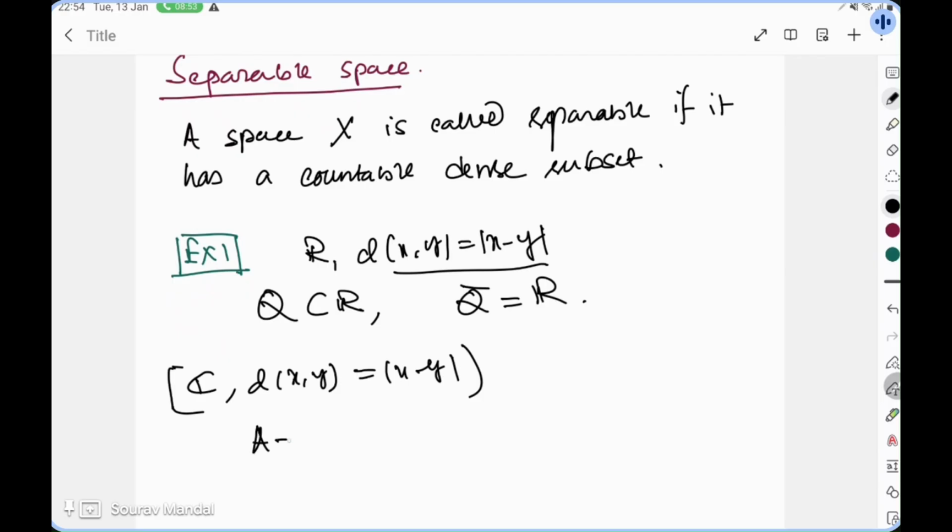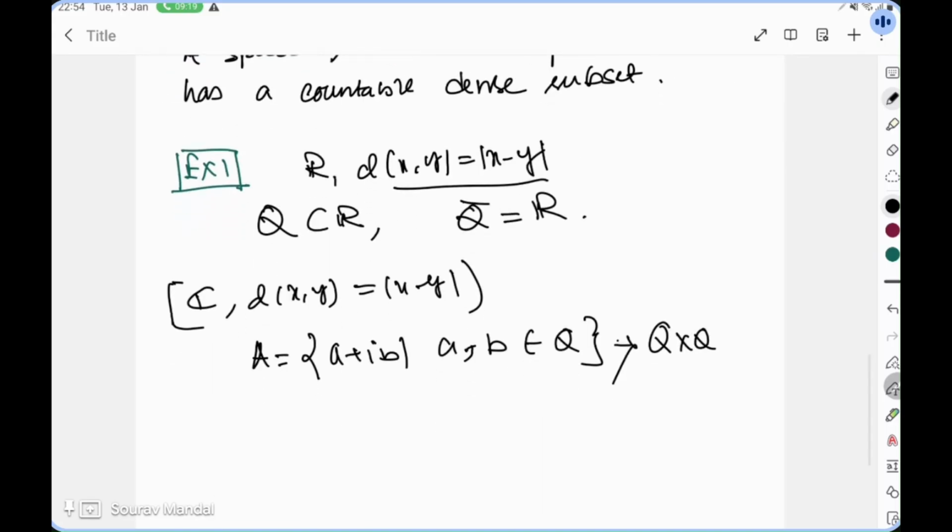If you consider the set a plus ib, where a and b belong to the rational numbers, obviously it has a bijection with Q cross Q. So it is a countable set, no problem. And obviously it is dense in C. So C with the usual metric is also a separable metric space. Okay.